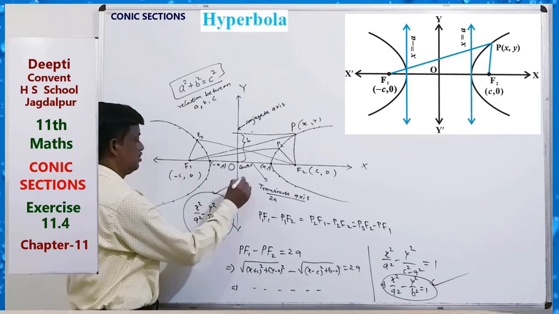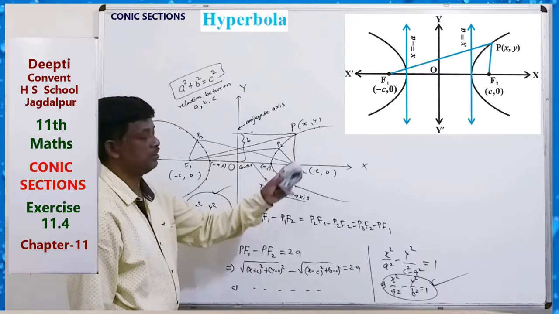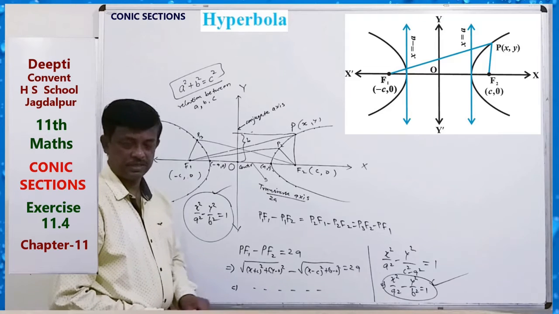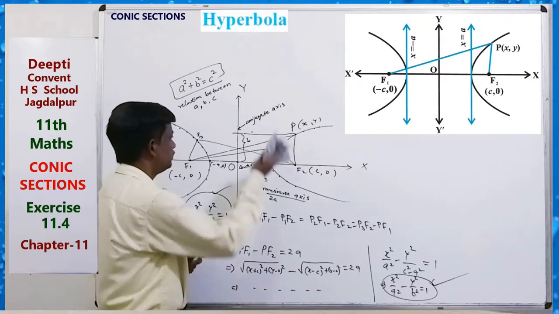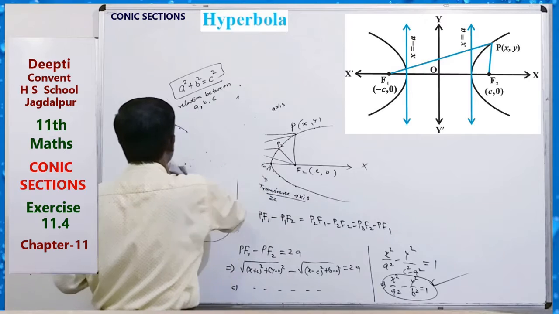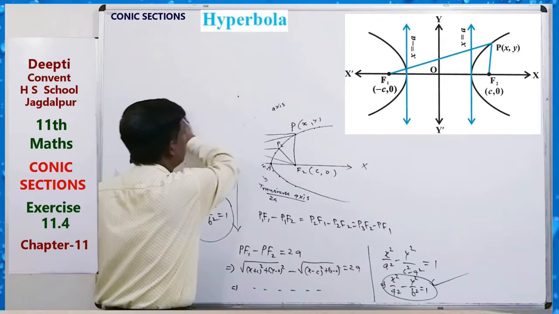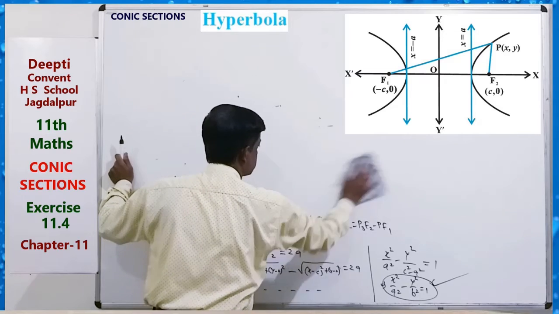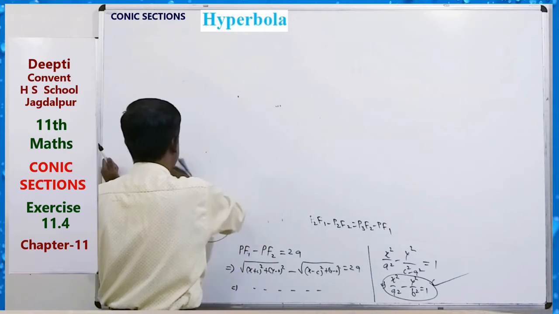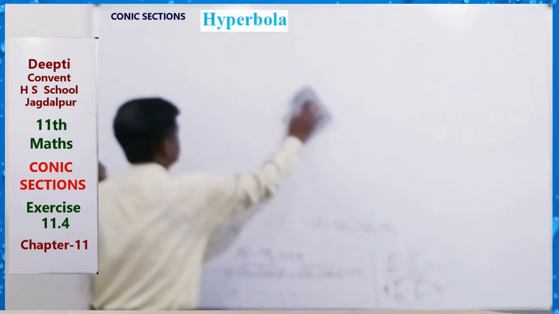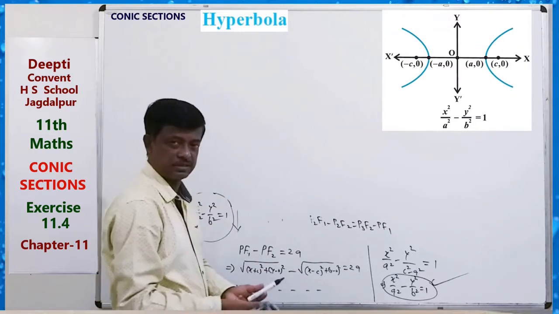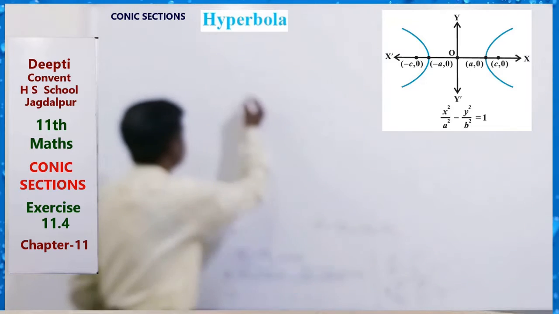This is the hyperbola along this. And similar to the ellipse, here also the hyperbola may be vertical, with the transverse axis on the y-axis.